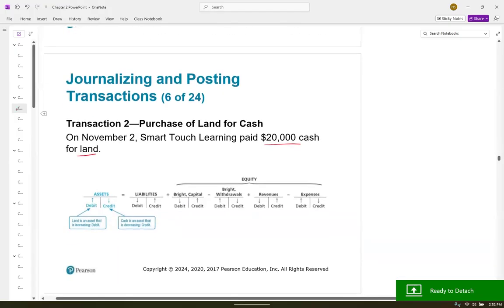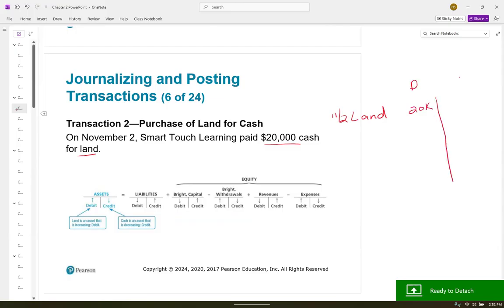Okay. So I'm going to come over here and make the journal entry. I don't really have to, but I think it's good for you to see. Land is an asset. Land is going up, so land will be debited for the 20K. And the account that will be credited is cash. That makes sense, right? Because cash is going down. Okay.